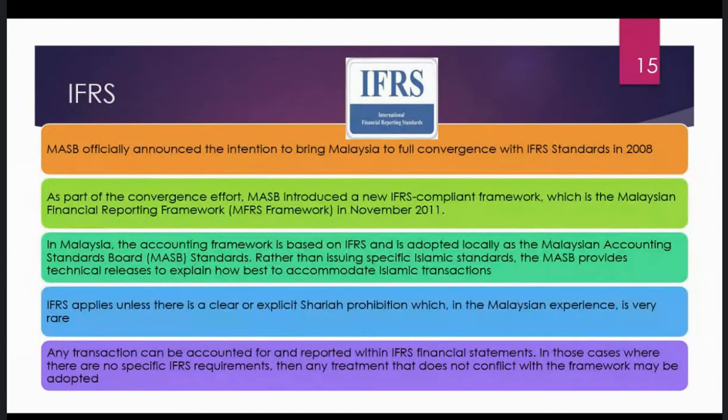Okay, in Malaysia, the accounting framework is based on IFRS and adopted locally as the MASB standards, MASB approved accounting standards. Rather than issuing specific Islamic standards, MASB provides technical releases to explain how best to accommodate Islamic transactions.